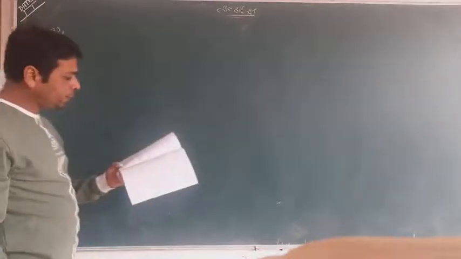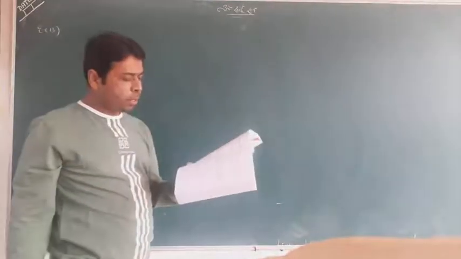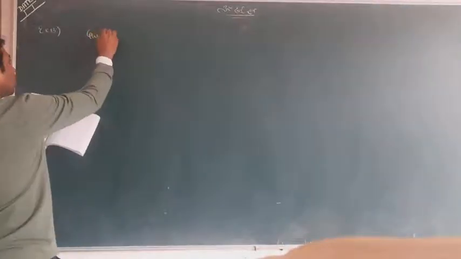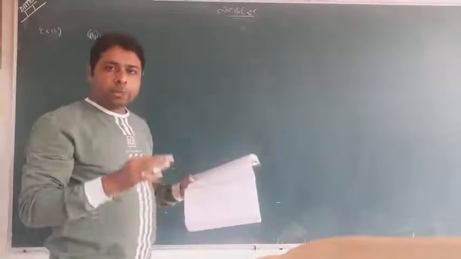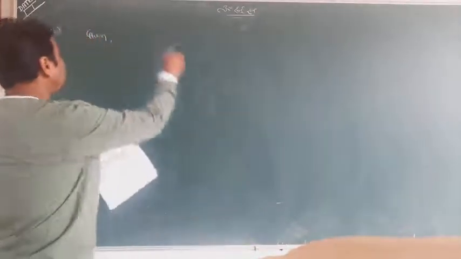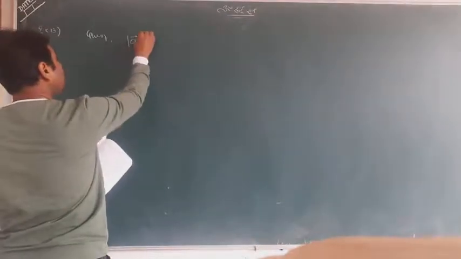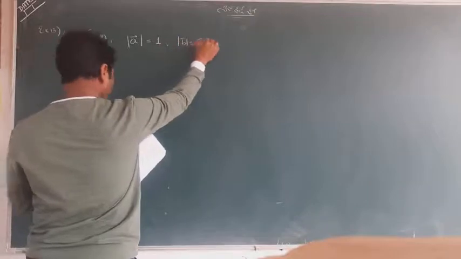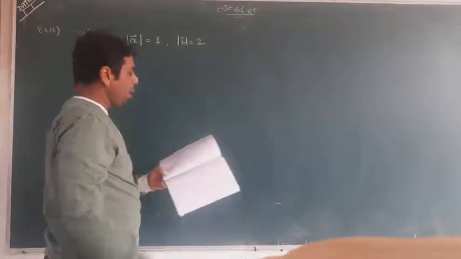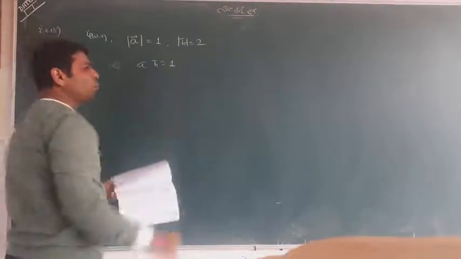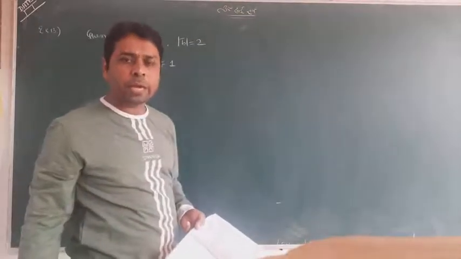Find the angle between two vectors A and B, given that mod A has magnitude 1 and mod B has magnitude 2, and given A dot B is equal to 1.